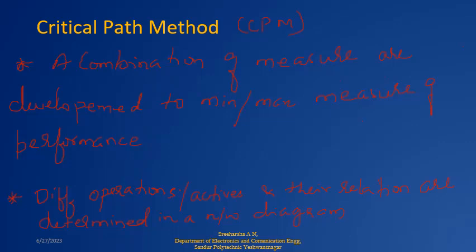Okay. Now once this critical path is established, the project managers and the people working focus more on these activities. Okay. They will give priorities to these critical path activities.